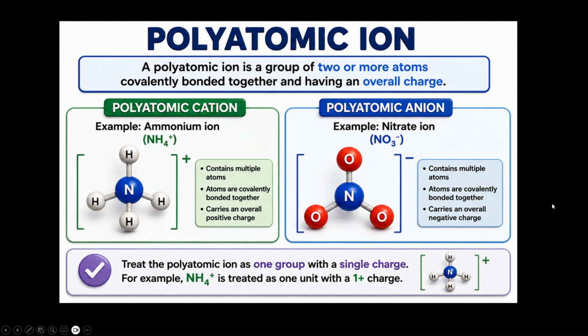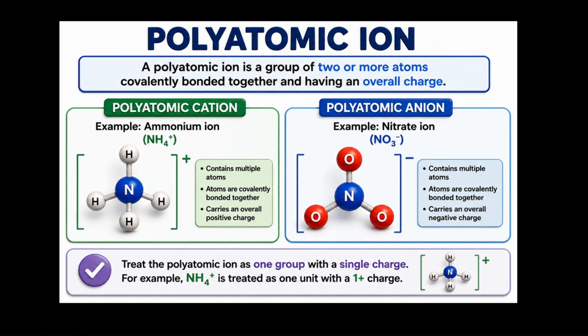The focus of this video is to help you understand what polyatomic ions are and how they form ionic compounds. The word polyatomic has the prefix poly, which means many, and the root word atomic, referring to atoms.